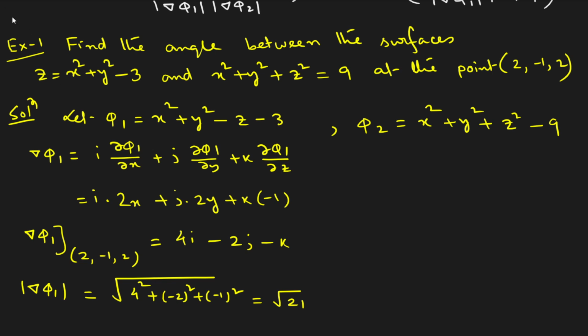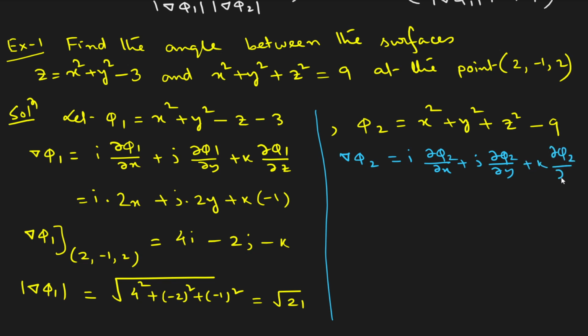So this is for one function. For the second function, in the same way, we will find nabla phi 2, which is i del phi 2 by del x plus j del phi 2 by del y and k del phi 2 by del z.